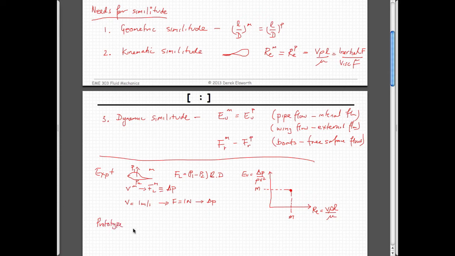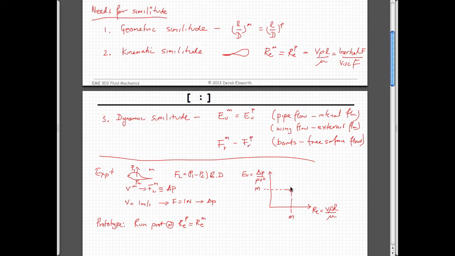And we can do two things. The first thing, the easiest thing to think about, is we run the prototype at the same Reynolds number, so the Reynolds number for the prototype is equal to the Reynolds number for the model.